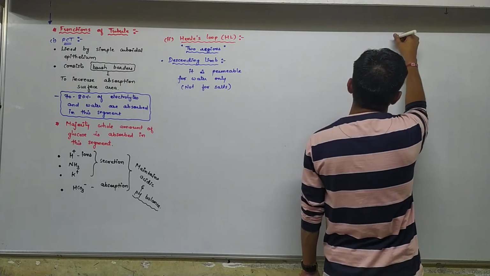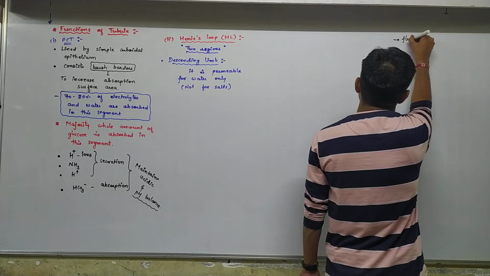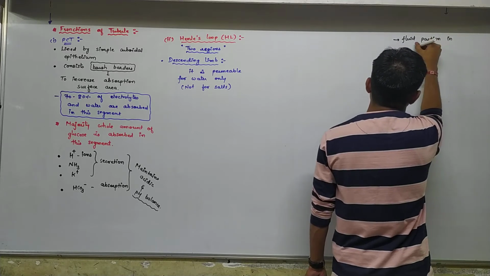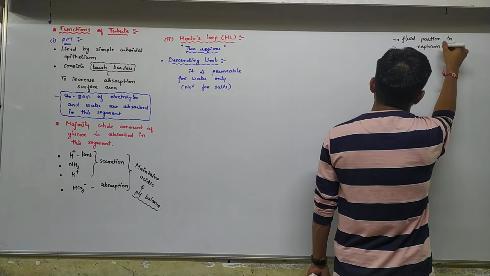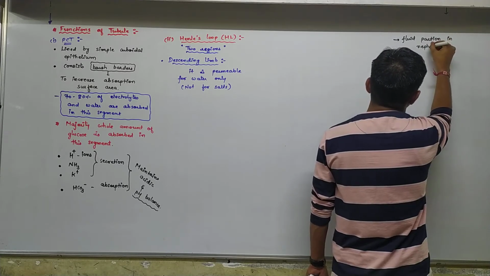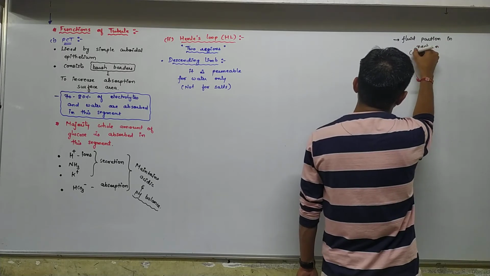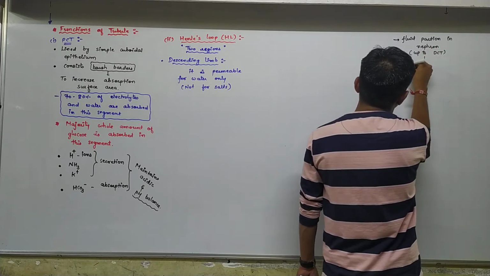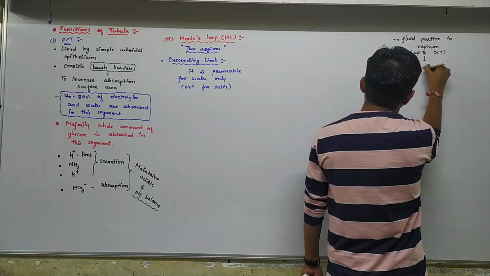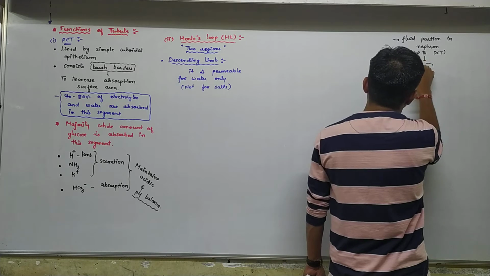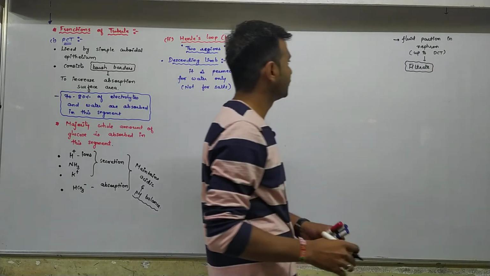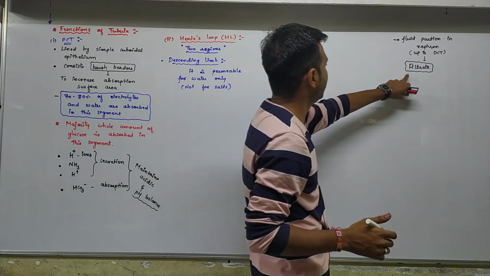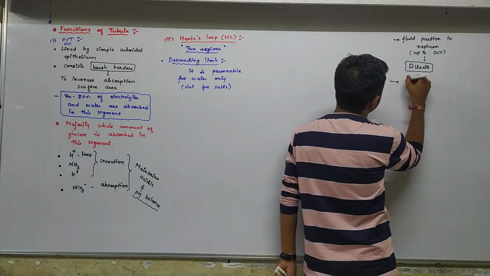The fluid portion in the nephron up to the DCT region is known as filtrate, inside the nephron.